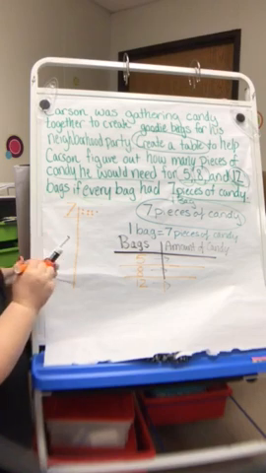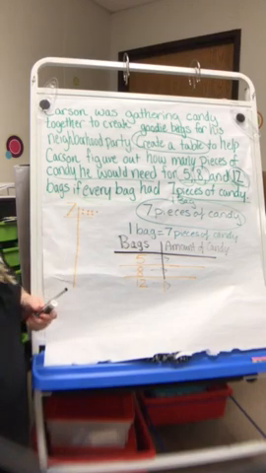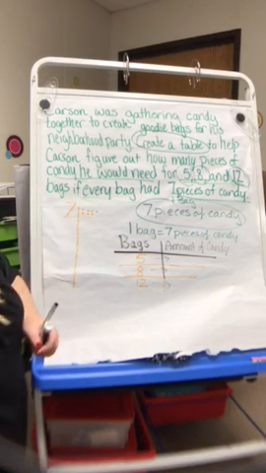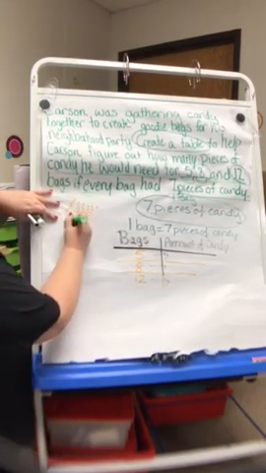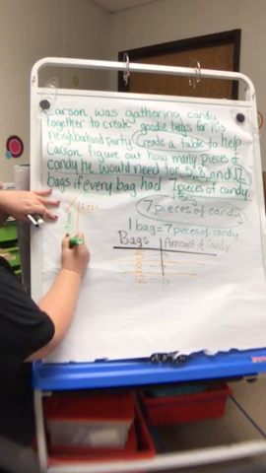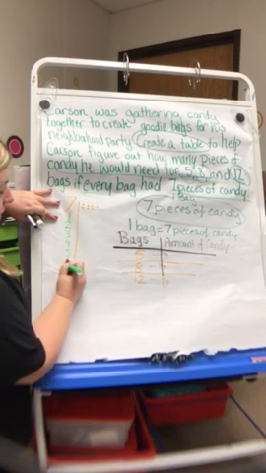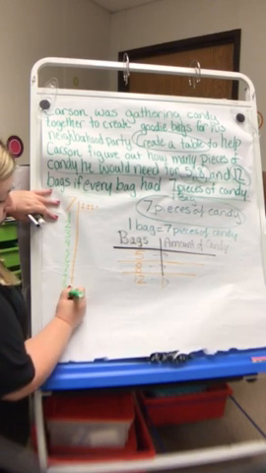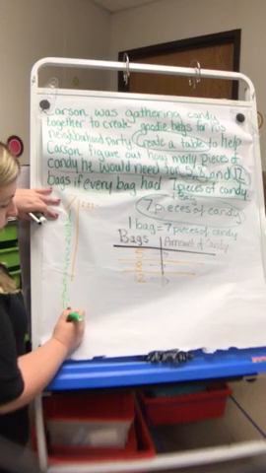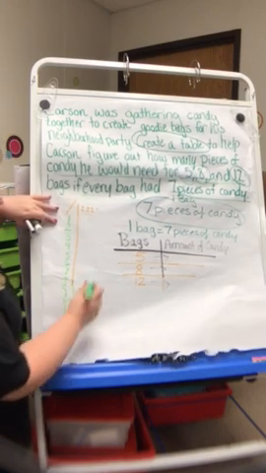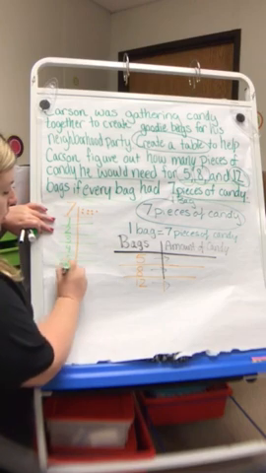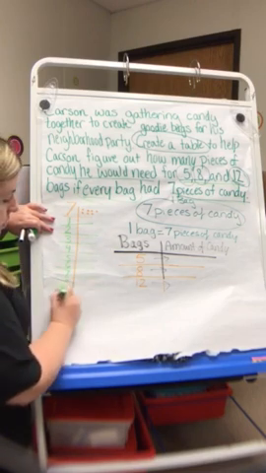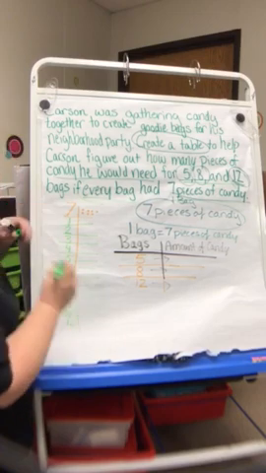Okay? I notice that my highest number is 12. Okay? So down this side, this is going to represent my bags. 1, 2, 3, 4, 5, 6, 7, 8, 9, 10, 11, 12. Okay? And then I'm going to have lines going across over here to help me get there.